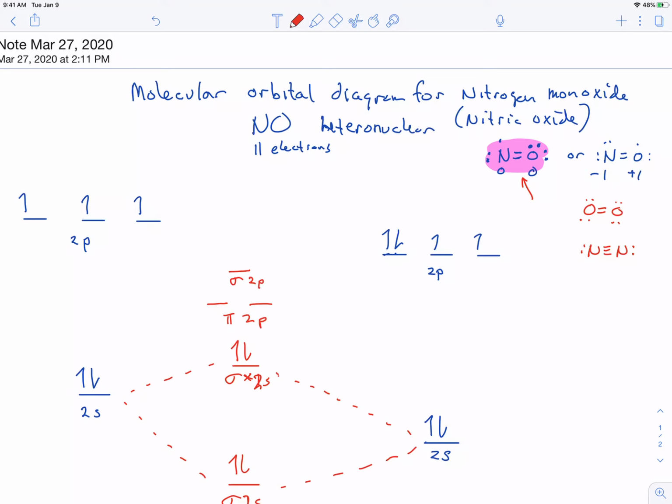So pi comes first, when there's a bond between nitrogen and oxygen, then sigma. Up above, our anti-bonding orbitals, we're going to have pi star 2p, and then lastly, sigma star 2p.